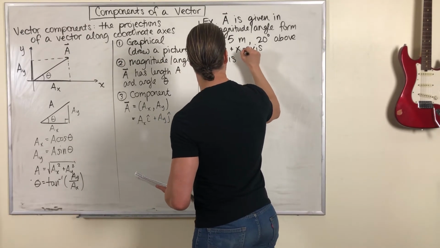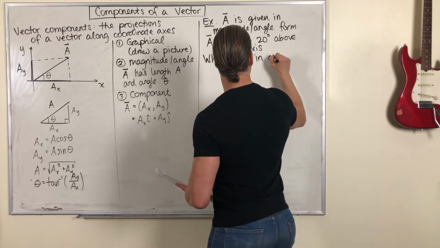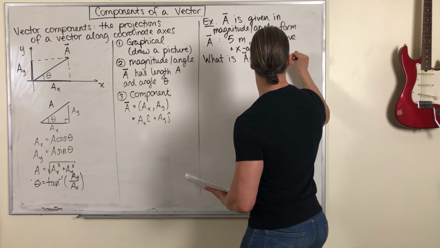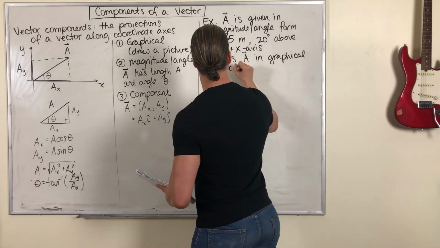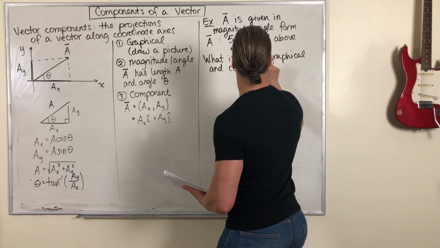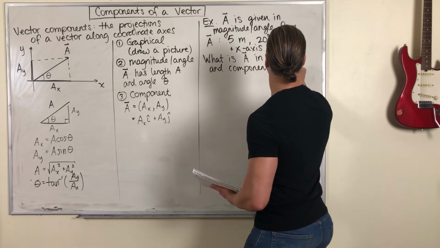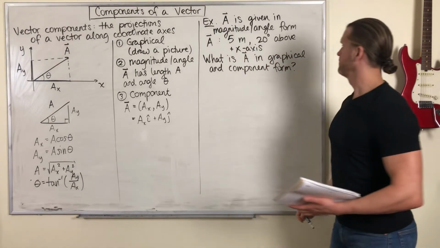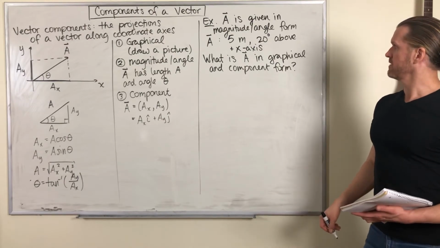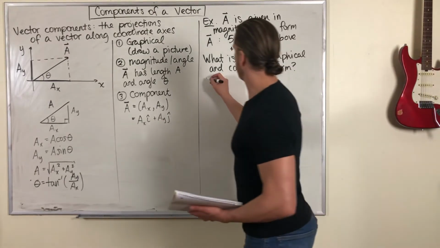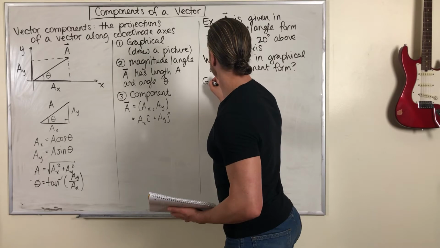So what is A in graphical form and component? Well, graphical is pretty simple. You just draw a picture.